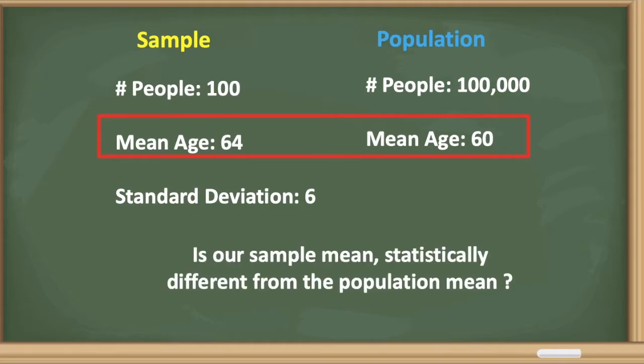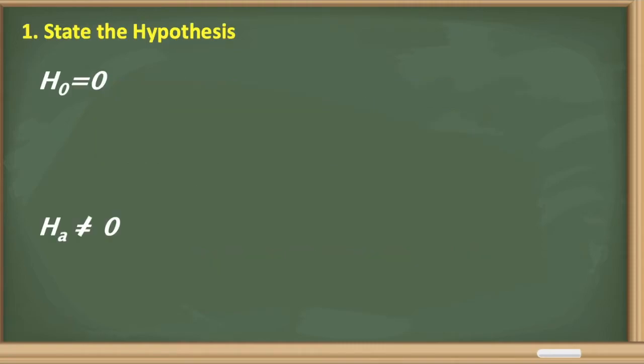The question that leads us in this 7-step hypothesis testing format is: is our sample mean statistically different from the population mean? All right, so let's jump into the very first step of our hypothesis testing format. The first step is to state the hypothesis. As we state the hypothesis, we need to see, first and foremost, that we're going to have two things that we need to list.